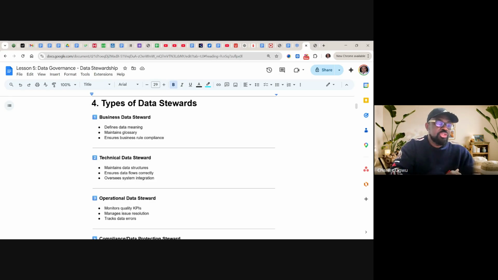They maintain data structure, ensure data flows correctly, and oversee system integration. So these people mainly work with data engineers. They are not data engineers. They are stewards, but they work with data engineers.